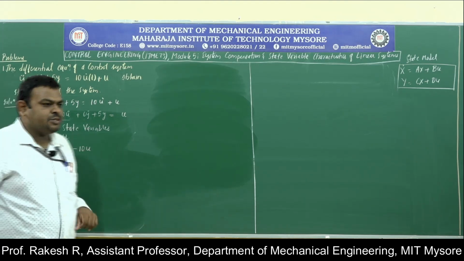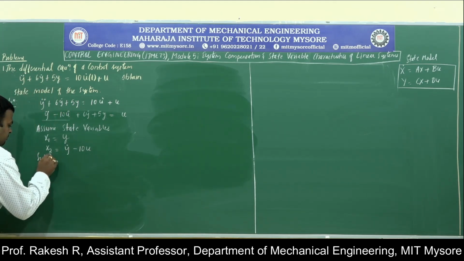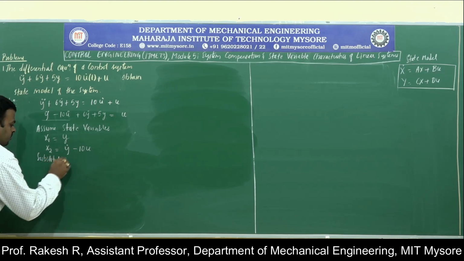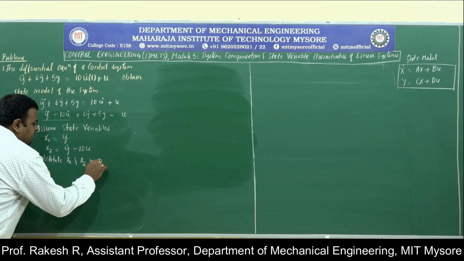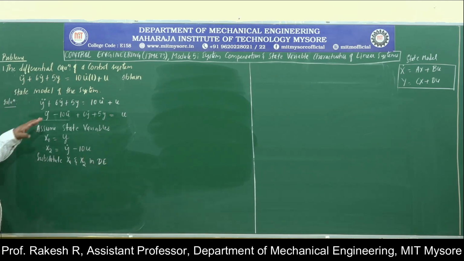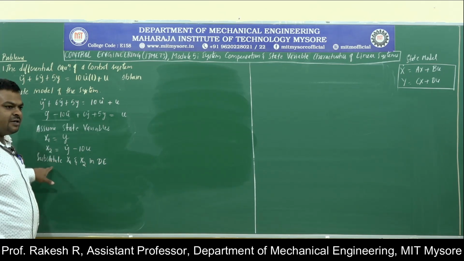So let us substitute the values and check what happens. Substitute x1 and x2 in the differential equation. Next, if I go for y double dot, is it nothing but x3?